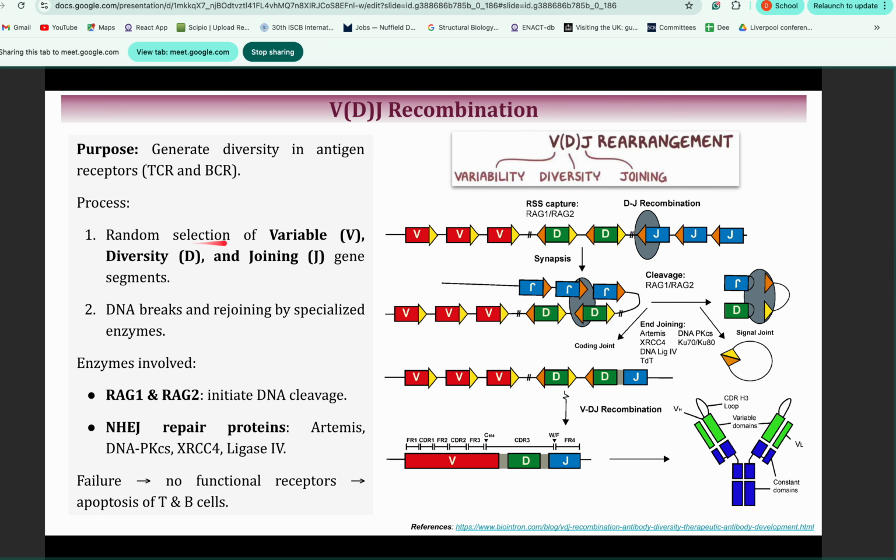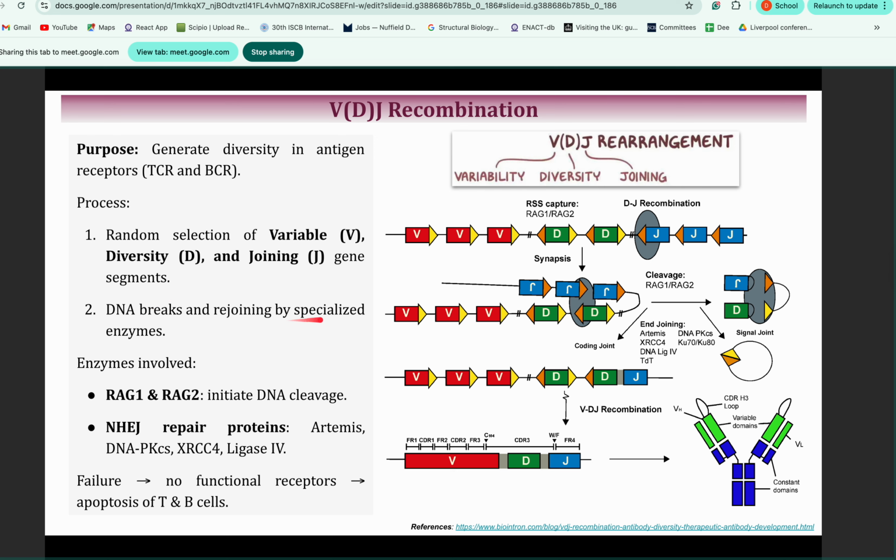The process is random selection of variable, diversity, and joining gene segments. These are the gene segments: these are V, which are variable gene segments, this is D, and then this is J. They can get rearranged, and this will give rise to variability in the antigen receptors.